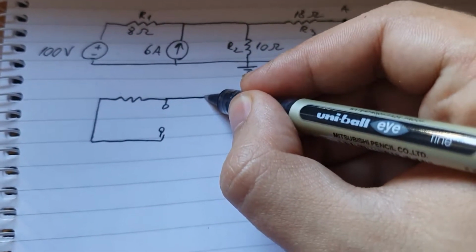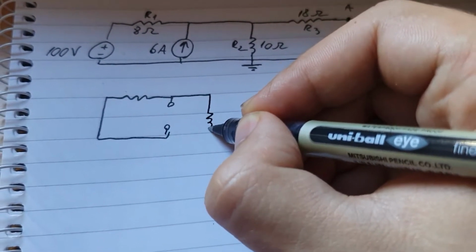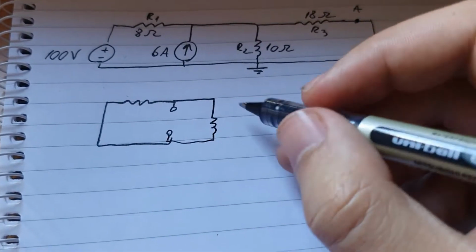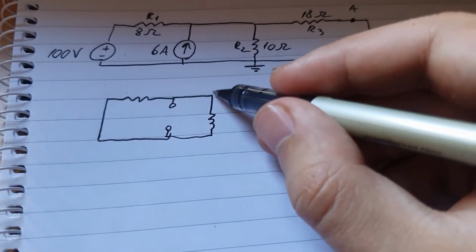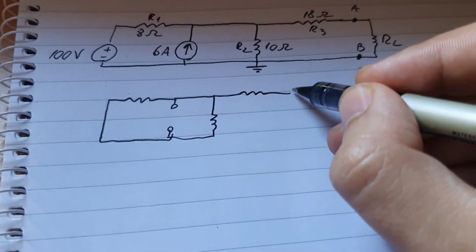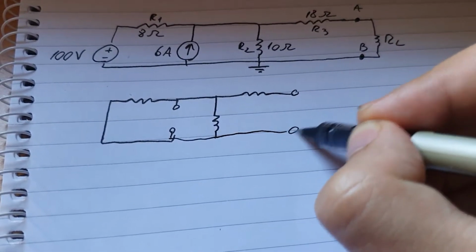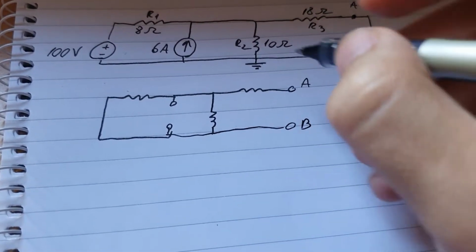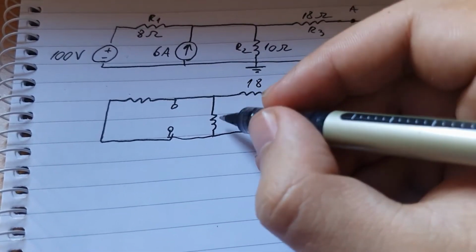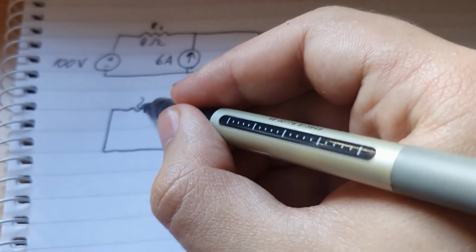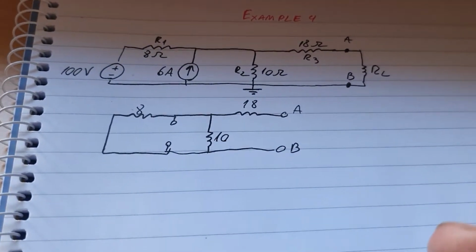Then it's in parallel, and then the next one will be the 10 ohms, and then this will be the 18, this will be the 2 dots. Okay, so there'll be AB, this will be 18, this will be 10, this will be 8. All right, so really simple.